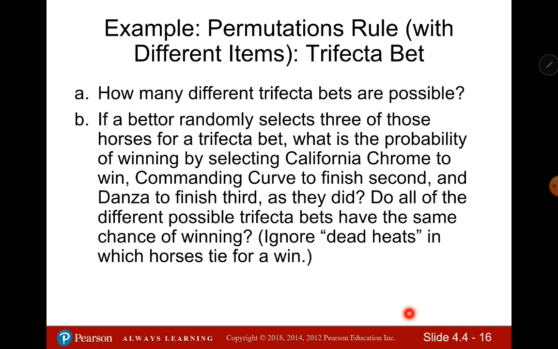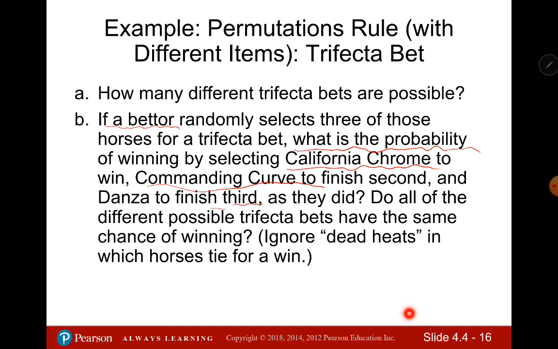If one bet is selected, what is the probability of selecting California Crown to be first, the Commanding Curve to be second, and the Dancer to be third?